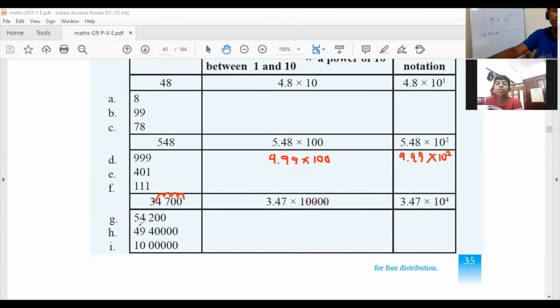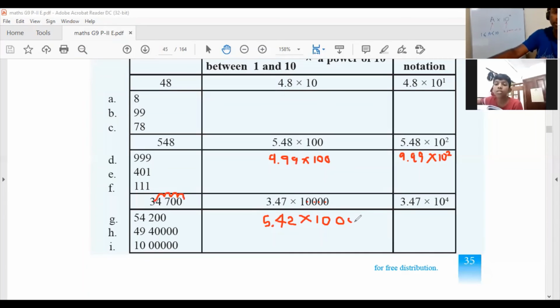Can you tell me the answer for 54,200? 5.42 multiplied by 10,000. Yes, 10,000.